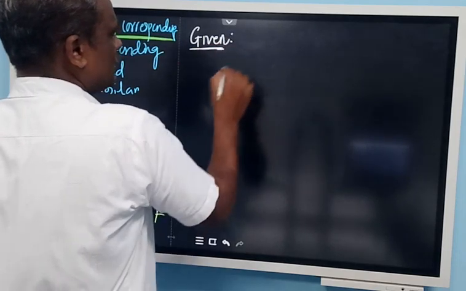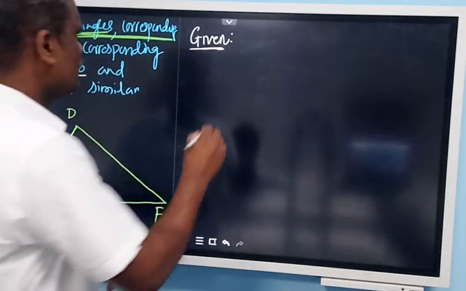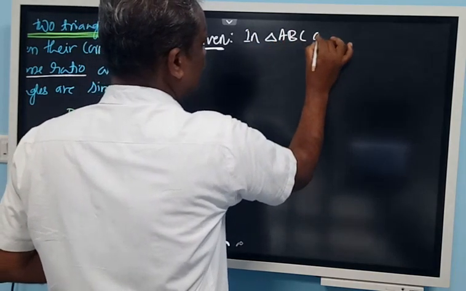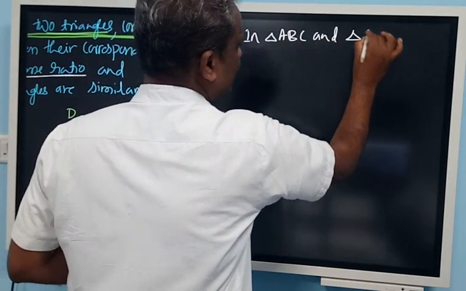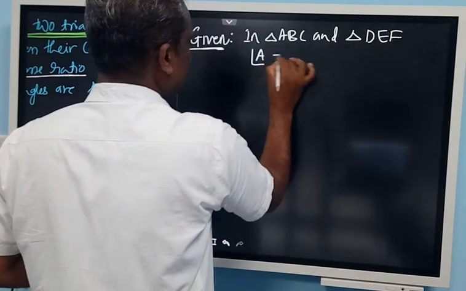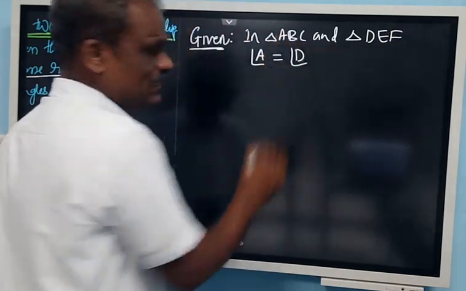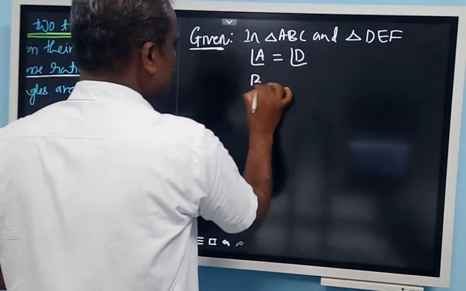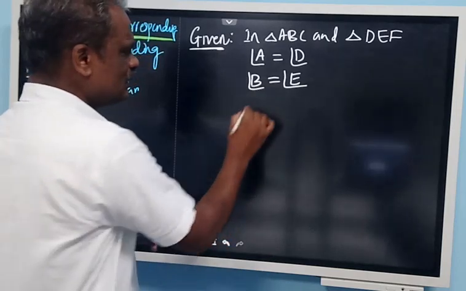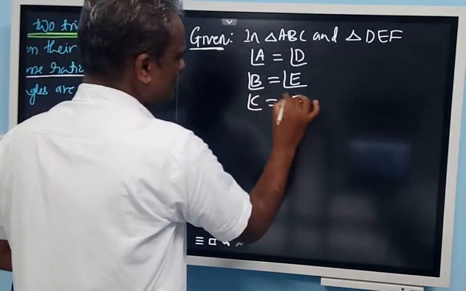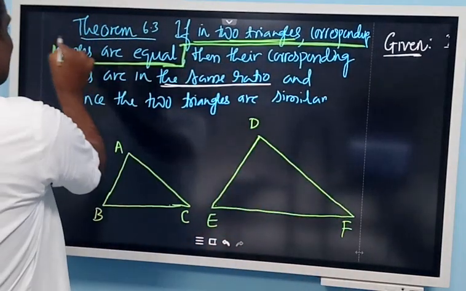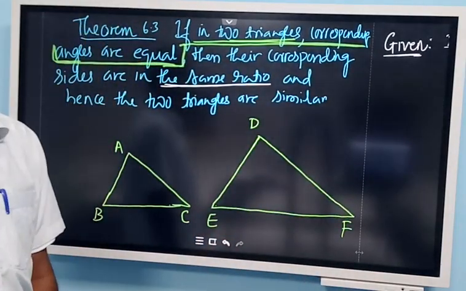In triangle ABC and in triangle DEF, we have angle A equal to angle D, corresponding angles are equal. Angle B is equal to angle E, second pair of angles. Angle C is equal to angle F. These are the three corresponding parts that they have given. Corresponding angles are equal, that is given. This much only is the data.